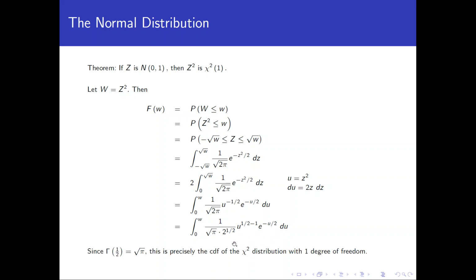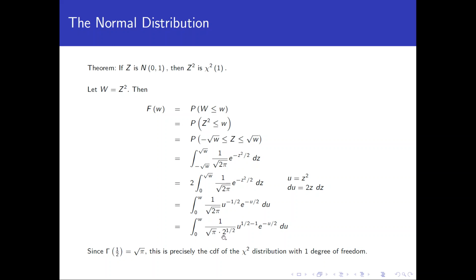Now remember what our PDF looks like for the chi-squared distribution. This has to be gamma of alpha. Well, square root of pi is gamma of 1/2. If I look where the alpha is supposed to be in the chi-squared distribution, the 1/2 is r over 2 in that case, so r is 1.